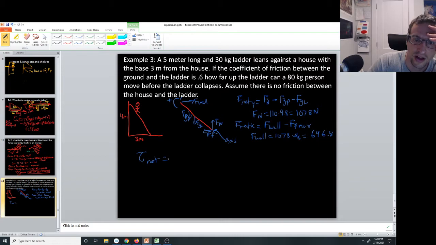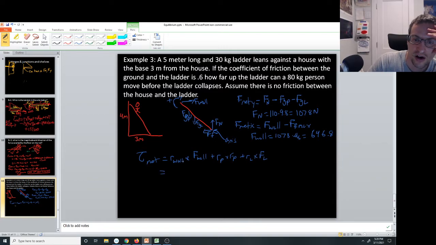I don't know why. It's going to be R wall cross F wall plus R person cross F person plus R ladder cross F ladder.